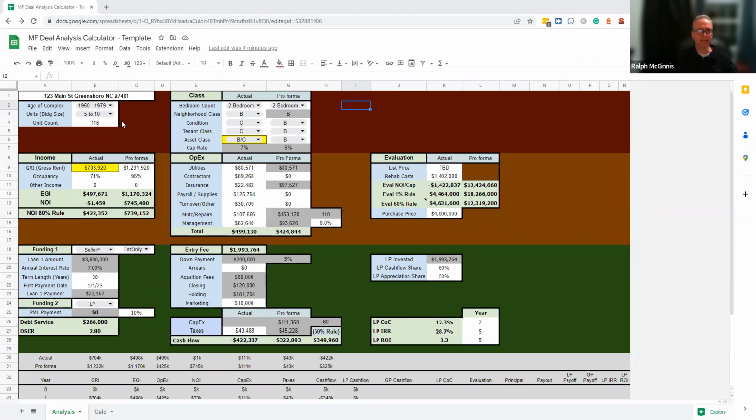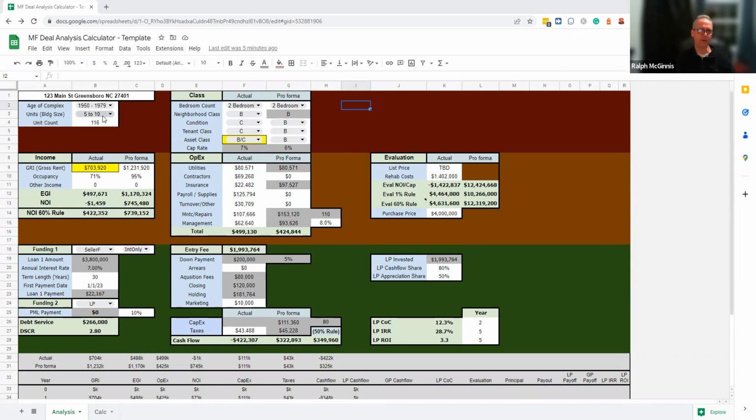The next one, which is in brown, is the income and evaluation section of the calculator. And then the green is the funding and the returns for the investors. So I'll take you through it little by little and show you how it works and what numbers are of primary importance, and why it's broken out this way.